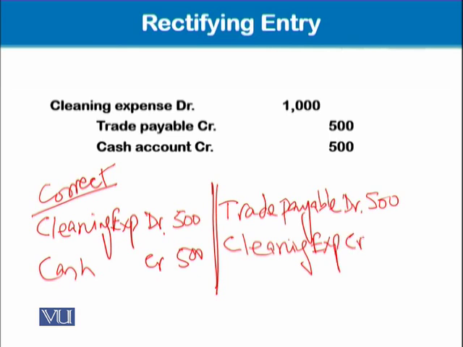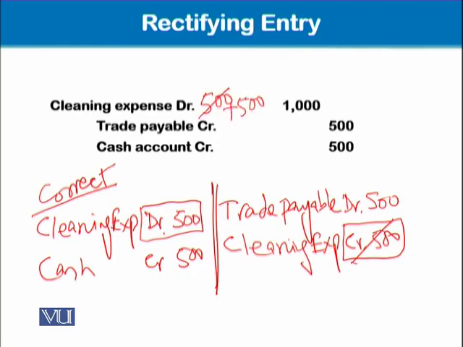Cleaning expense was credited with 500. So now what to do? We had to debit this cleaning expense with 500, whereas we gave credit to it. So now one debit will be given to cancel this 500 and the second debit will be given to give this original effect. So in a way, cleaning expense will be debited with 1,000.